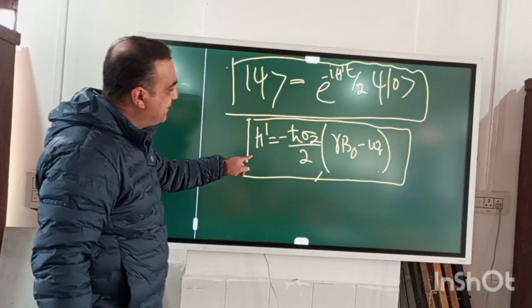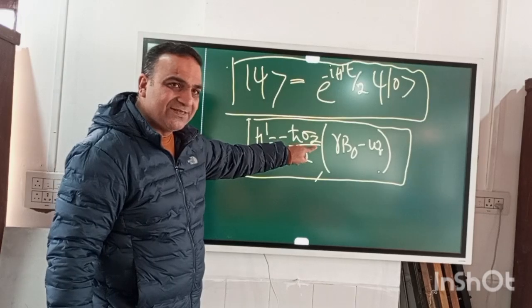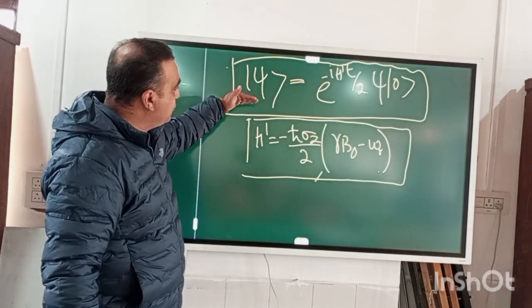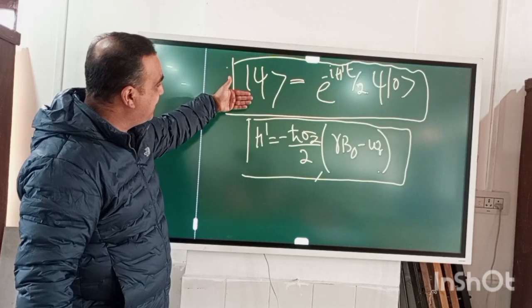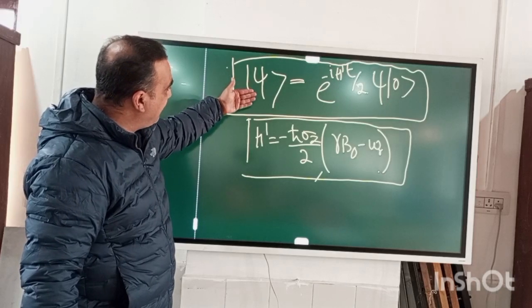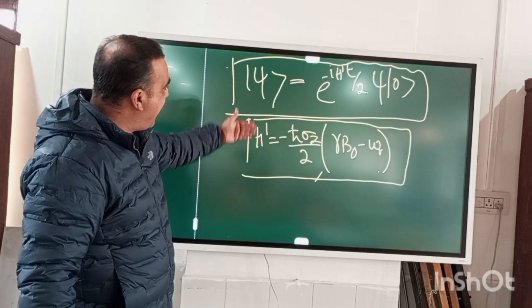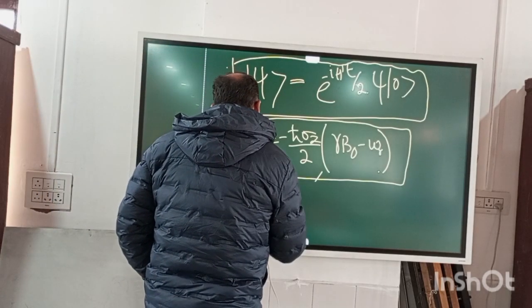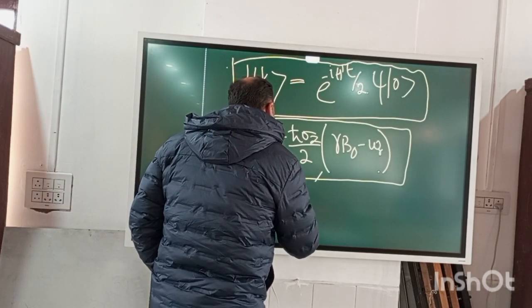Your Hamiltonian is exclusively dependent on the Z component. So when we calculate the state of this system using h dash in this equation, we come up with an effective frequency.